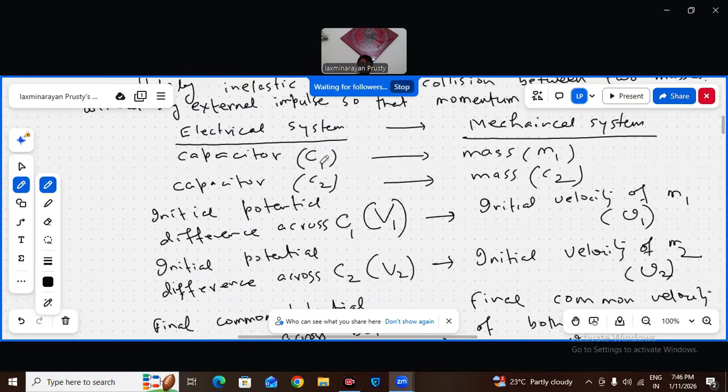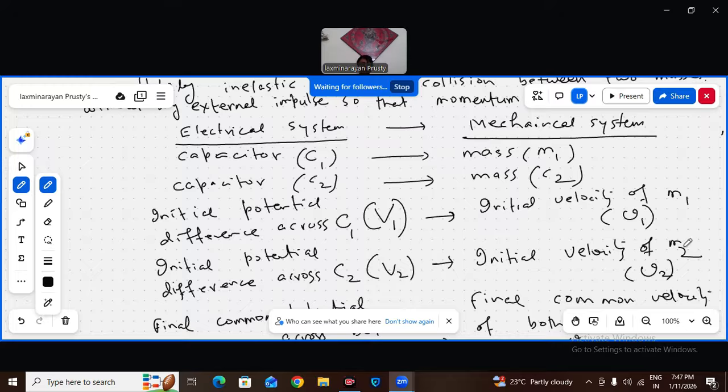So here, the capacitor C1 is mass M1 in the mechanical system, C2 is mass M2. Initial potential difference across capacitor C1 is V1. Initial velocity of M1 is small v1. Initial potential for capacitor C2, it may be charged, may not be, call it capital V2.